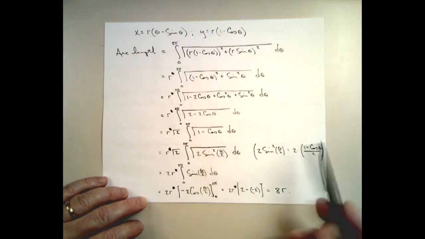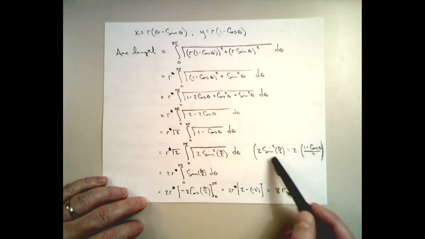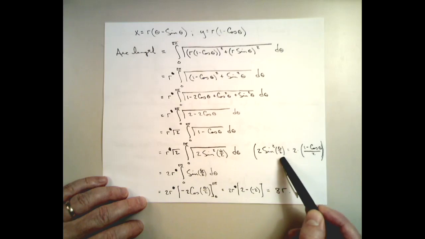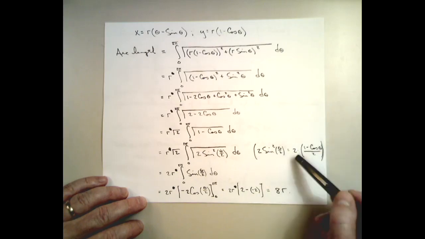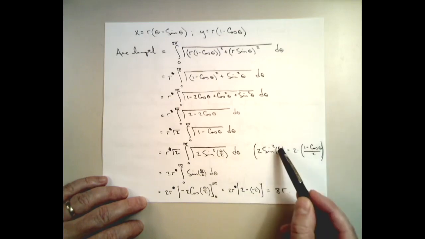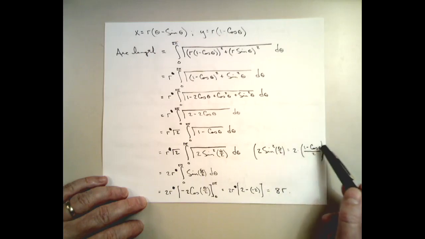But what I did is just said, well, if I were looking at 2 times sine squared of theta over 2, then I'm just copying my 2 down here, and I'm multiplying by, well, sine squared of a thing is 1 minus cosine of twice that thing.